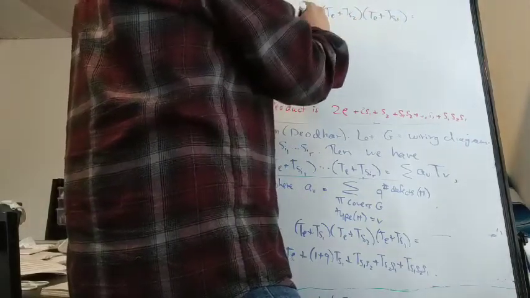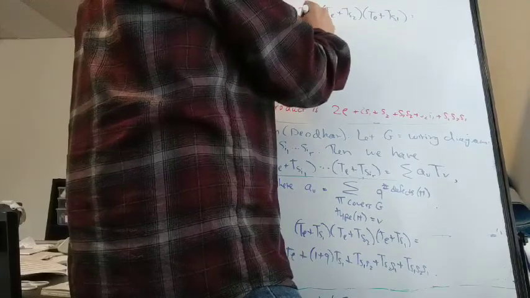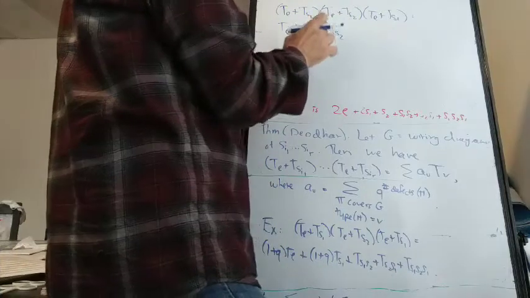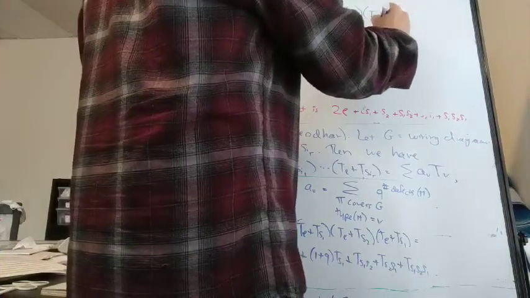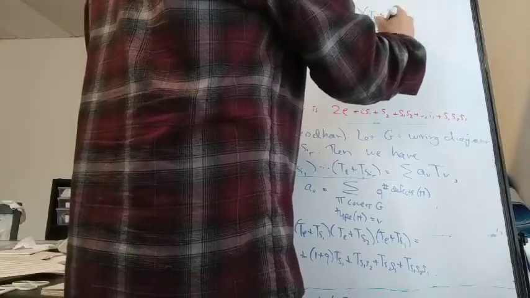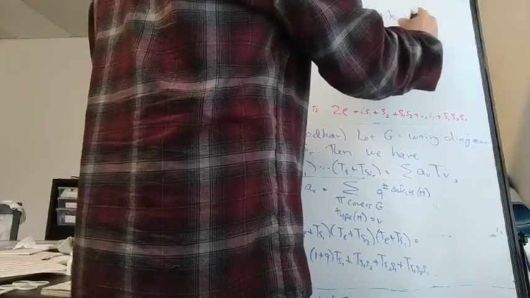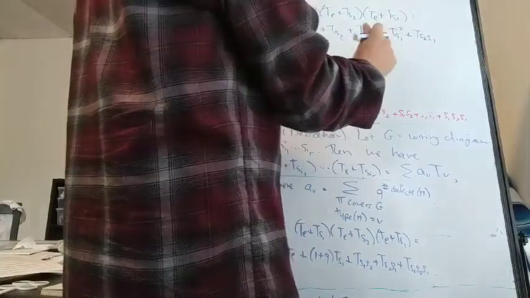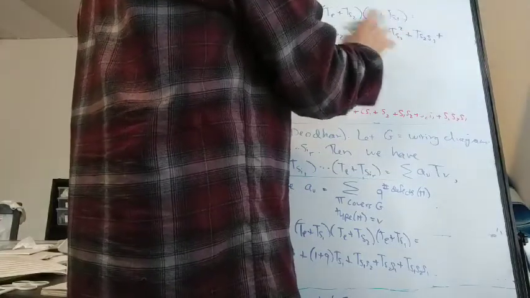So we get TS1 twice and TS2 once. And then we look at all the products of 2. We get plus TS1S2 plus TS1 squared plus TS2S1. And then the only one left is TS1 TS2 TS1.